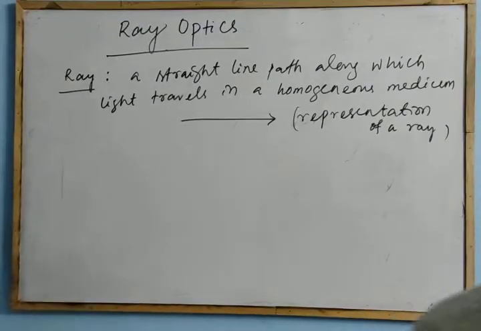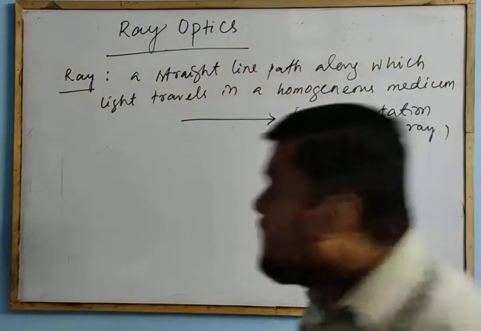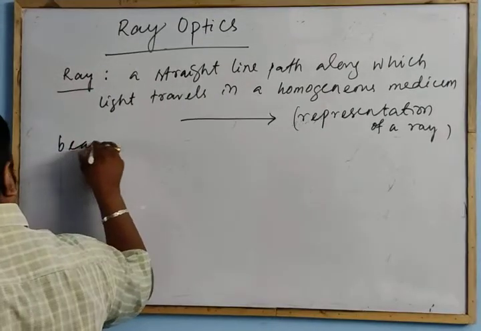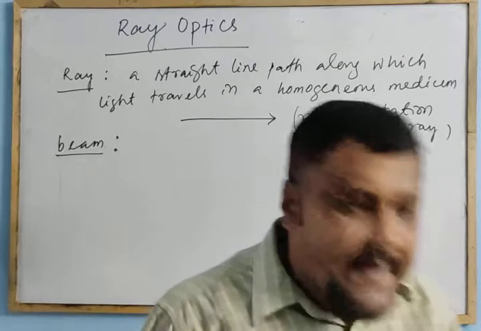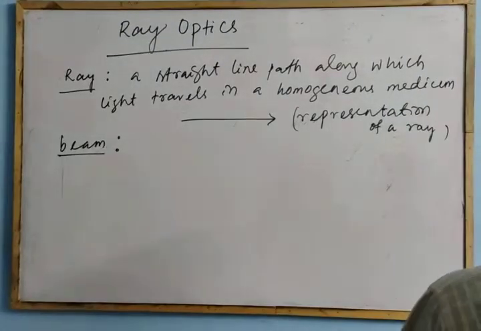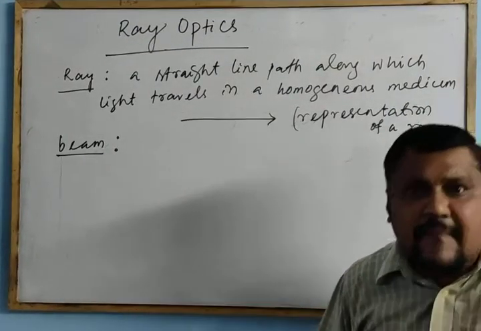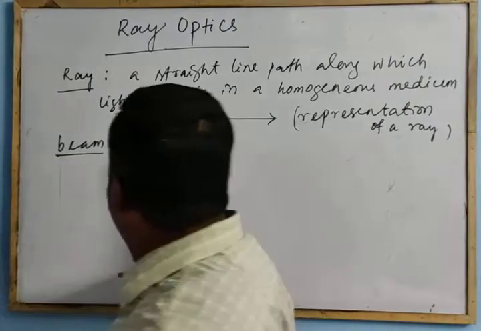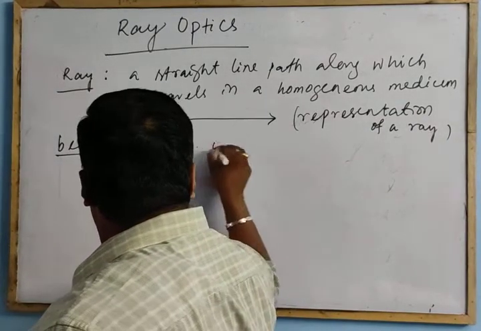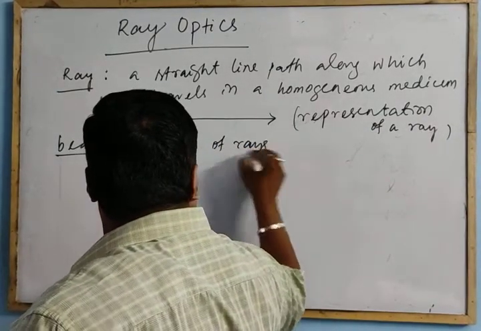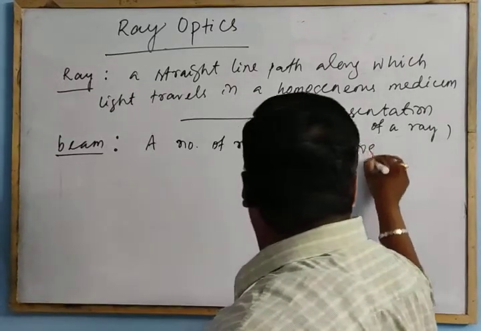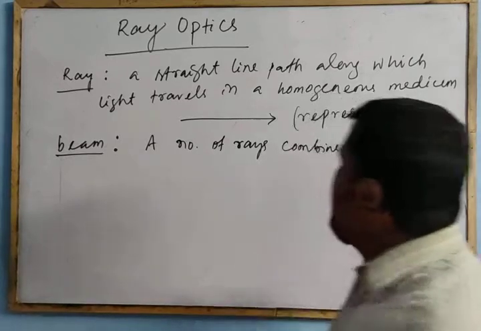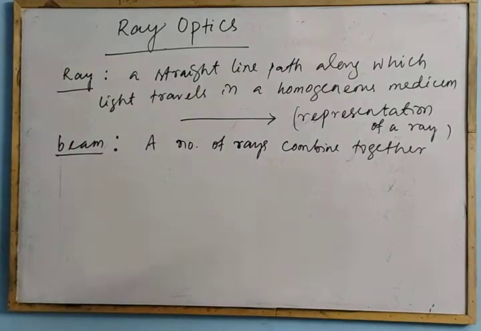Then comes the beam. What is a beam? A number of rays combined together is called a beam.